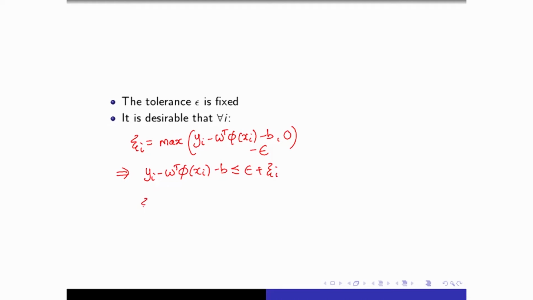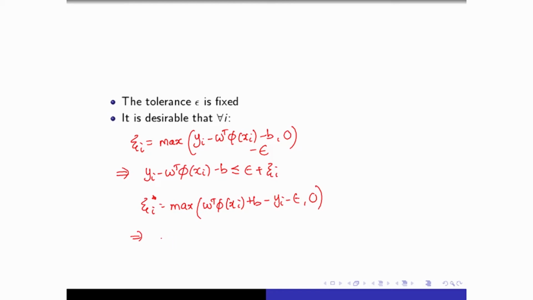Similarly, xi star was max of w transpose phi of xi plus b minus yi minus epsilon, and 0.